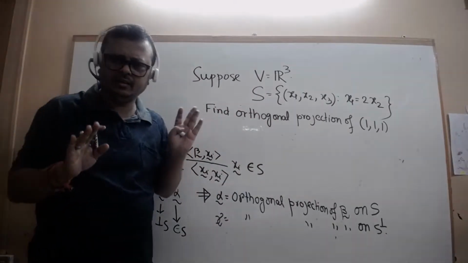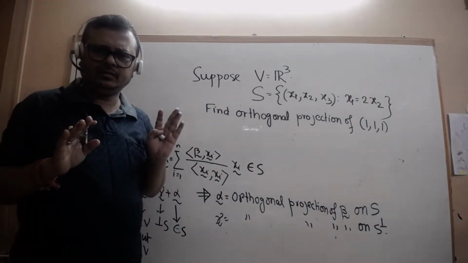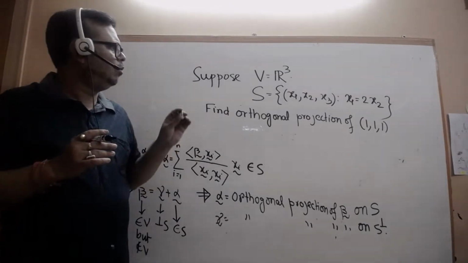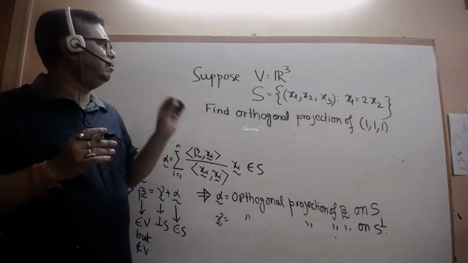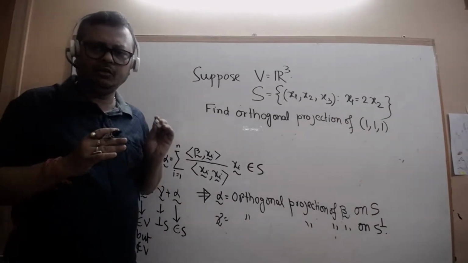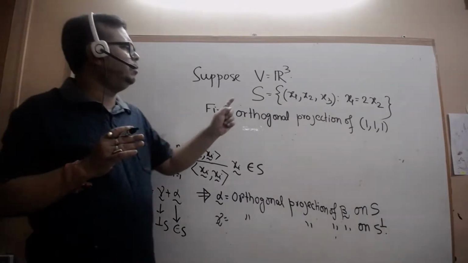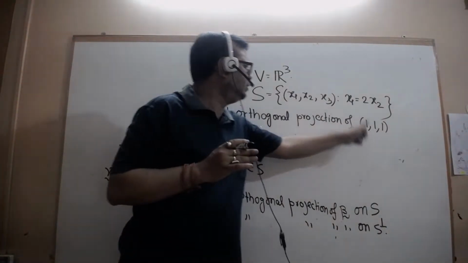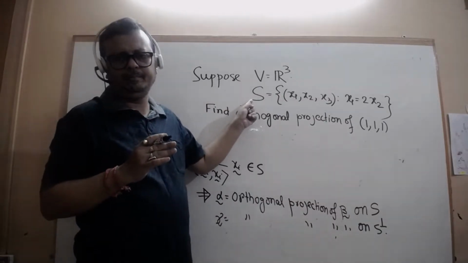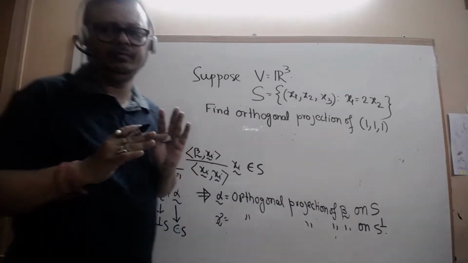Tell me, clear? So our job is to find the orthogonal projection of this vector on S. Agree? This is the problem.